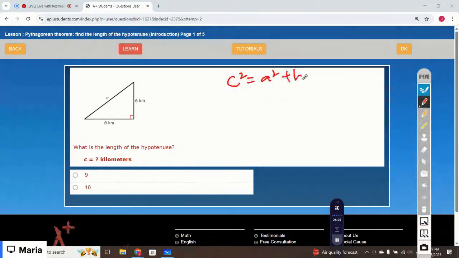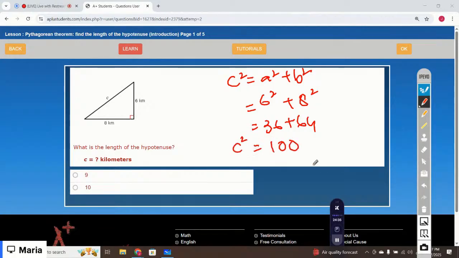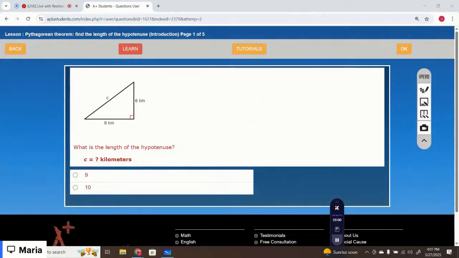C square equals A square plus B square, that is 6 square plus 8 square, that is 36 plus 64. C square equals 100, so C equals 10.